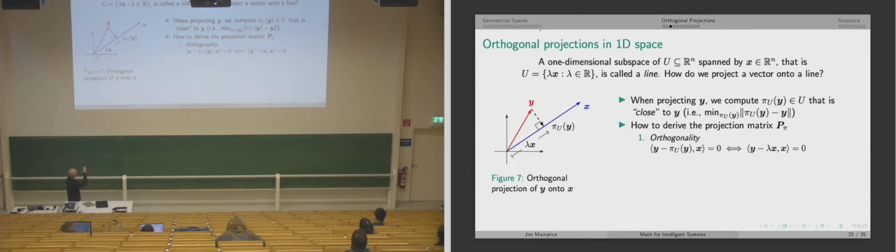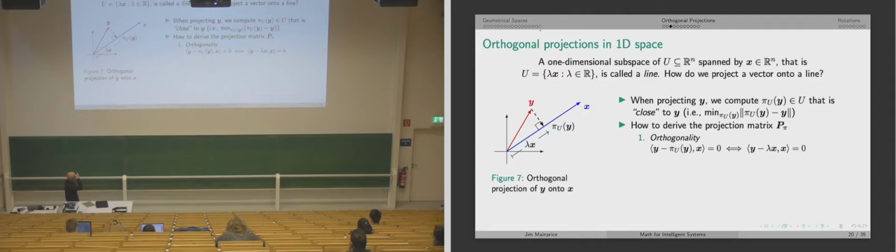The angle between this dotted vector and the basis vector that composes our one-dimensional vector space is 90 degrees, which means that the inner product, since we're just like in 2D geometry, so we're considering the dot product as inner product, is 0. And so we then replace that thing here by lambda x, which is the scaling of our basis vector.